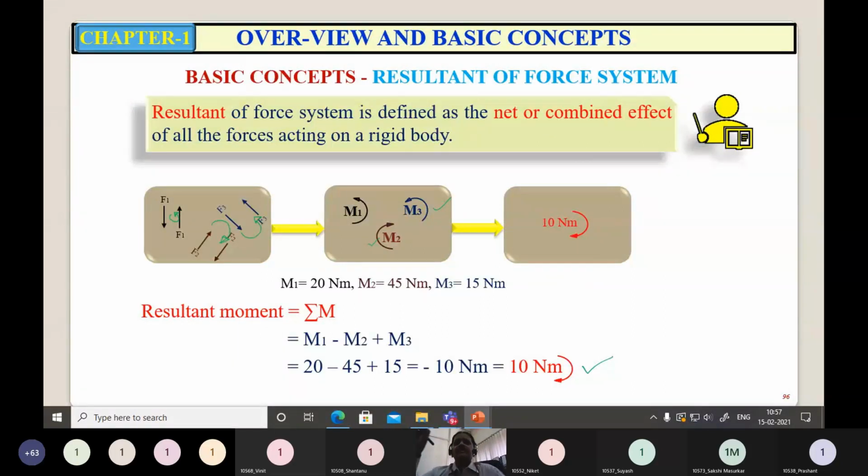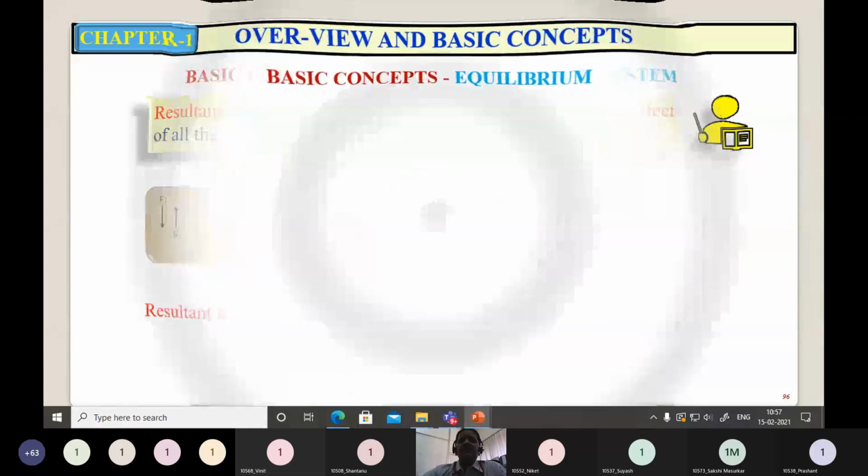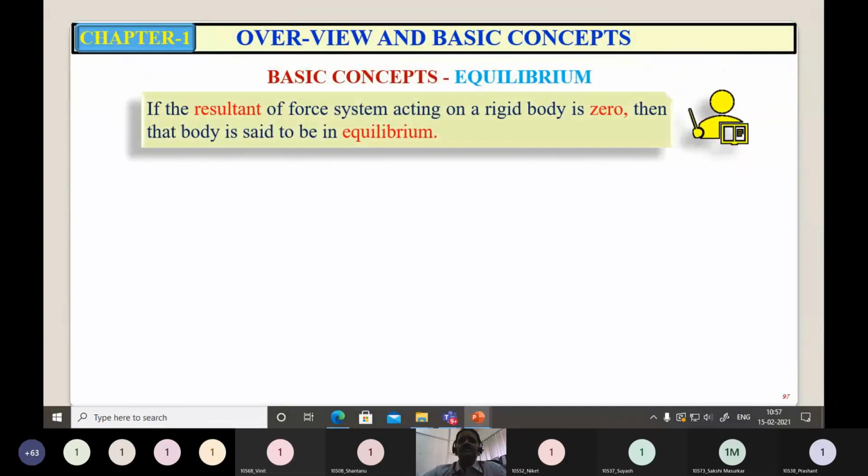So when the resultant of the force system is 0, you can say that the system or body is in equilibrium. When I'm saying the resultant of the force system, it means the resultant can be a moment or it can be a force also. So when I'm saying the resultant of the force system is 0, it implies that the resultant force is 0 and the resultant moment is 0. Then only the system is said to be in complete static equilibrium.